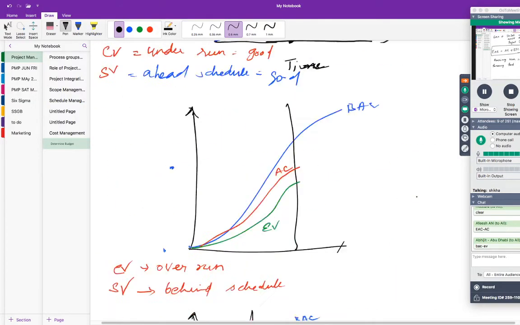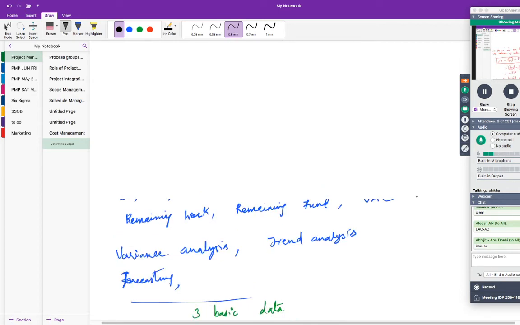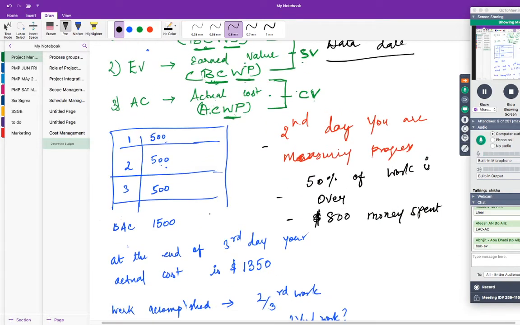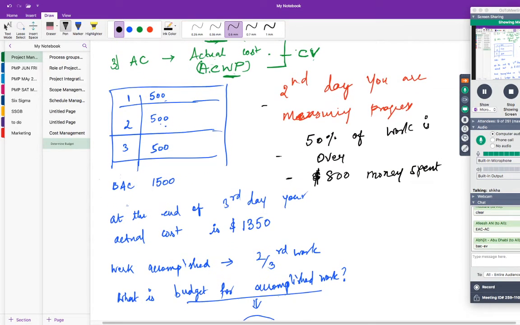So look at our first problem, the third day problem. What is the remaining work? How much work is remaining here? On the third day, you have completed 2 by 3 of the work, correct? So what is the work remaining?